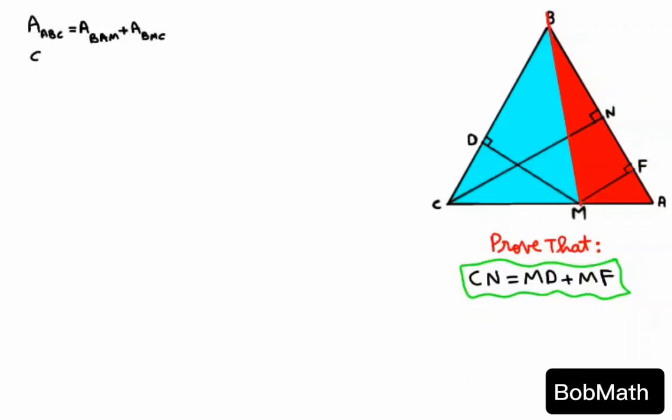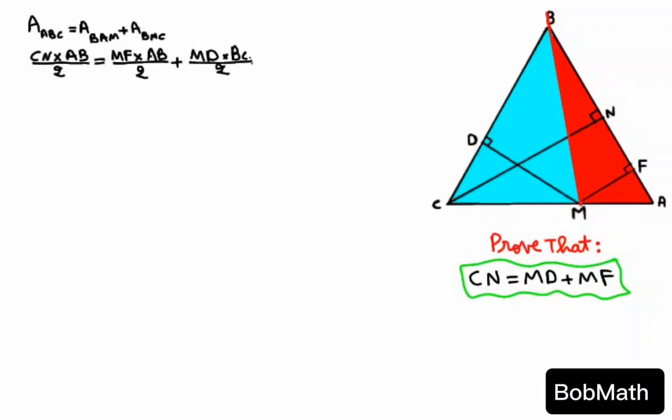So CN times AB divided by 2 equals, and for triangle BMA, straight line MF is the height, and straight line AB is the base. So MF times AB divided by 2, and straight line MD is the height, and straight line BC represents the base for triangle BMC. Therefore, MD times BC divided by 2.